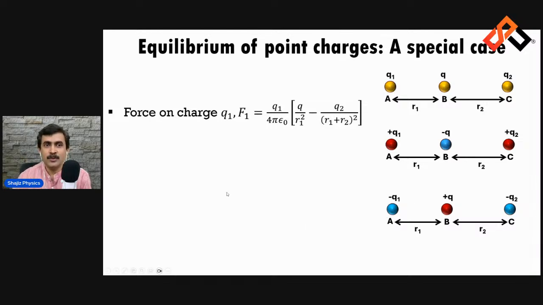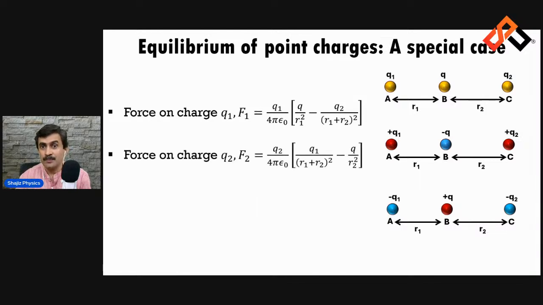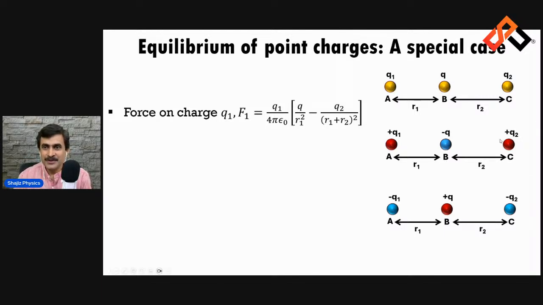Now we want the force acting on the second charge Q2, that is F2. And here also, on F2 there are two forces, due to minus Q and plus Q1. Now let us think about it first. You think about the forces acting on Q2. The first force is by Q. Q is negative and Q2 is positive.